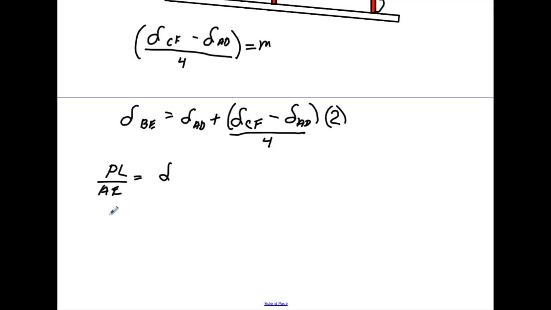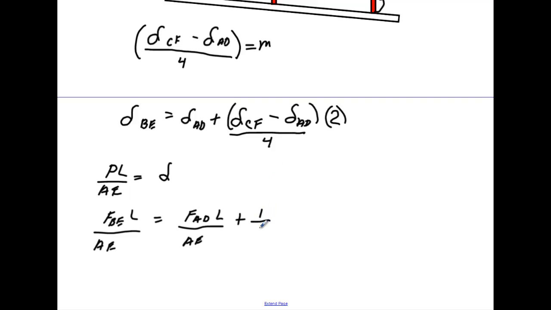So can't we say that the force of BE times the length over AE is going to equal the force of AD times L over AE plus this. And let's simplify this.